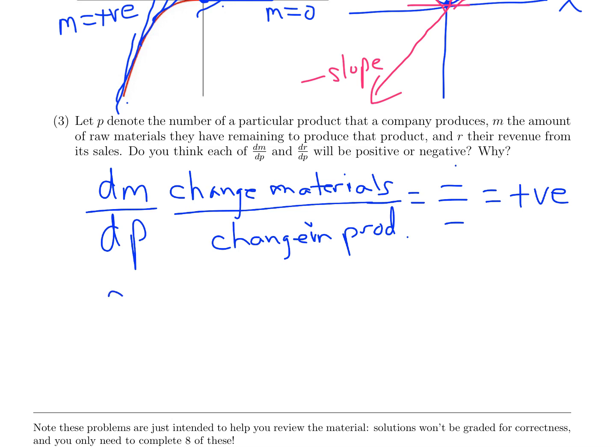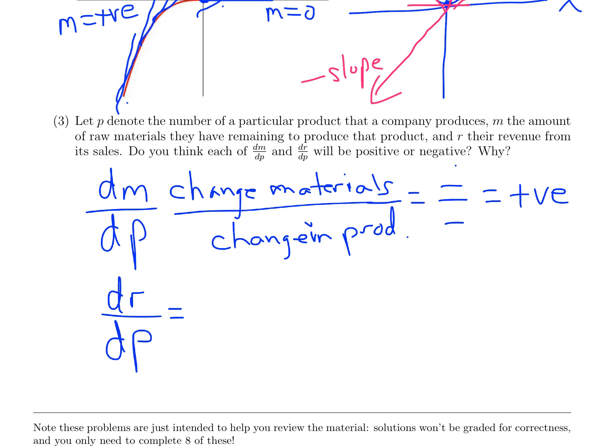And then if we were looking at dR/dP, and R is revenue, and P is the amount you produce, then again, I'm going to make more revenue if I produce more goods. If I decrease my production, I'm going to make less revenue, usually, right?